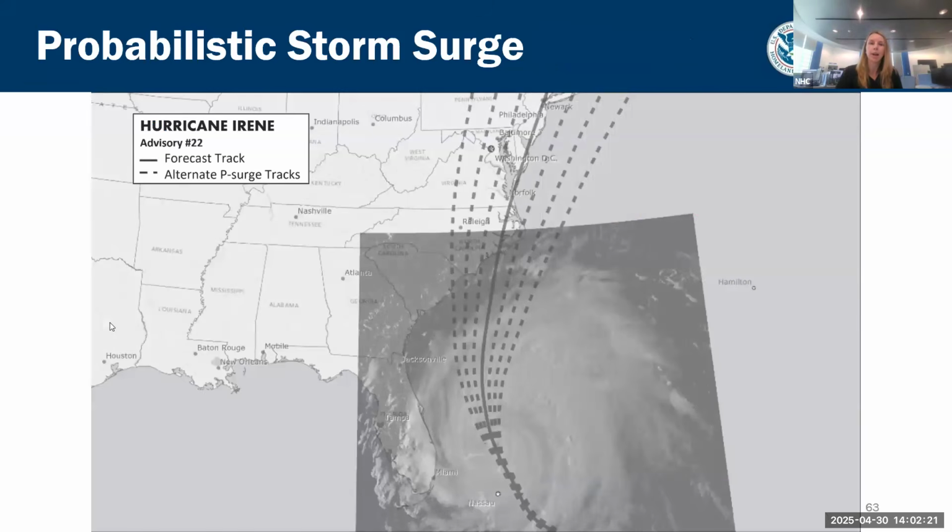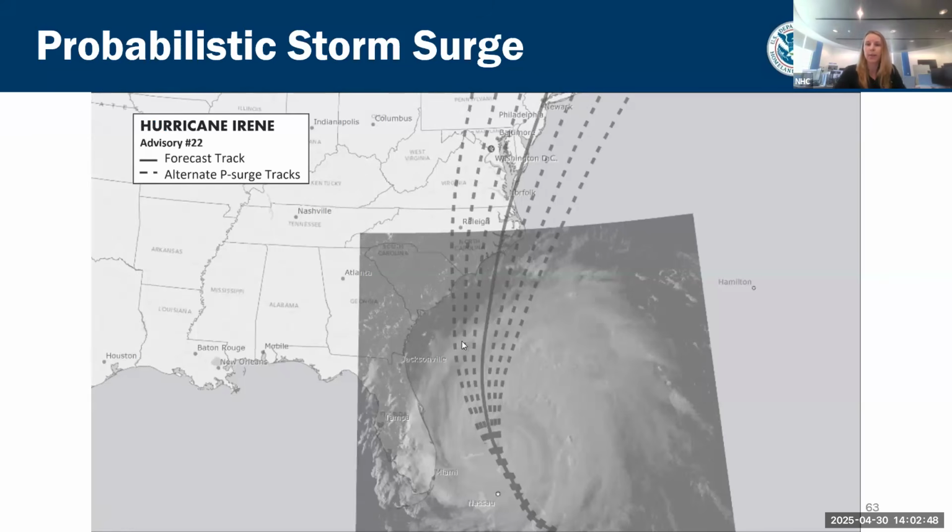All right, so this is another animation or visualization of how the P-surge ensemble is perturbed. This is a case from Hurricane Irene, and you can see at the very center of the ensemble is the skinny black line. But about the skinny black line, we have alternative track scenarios.